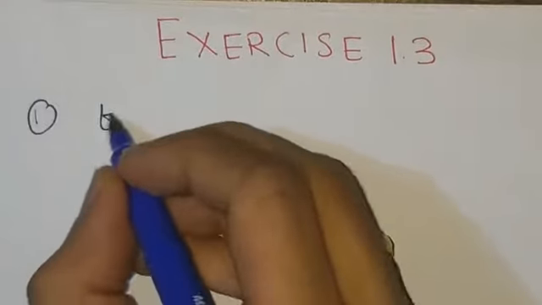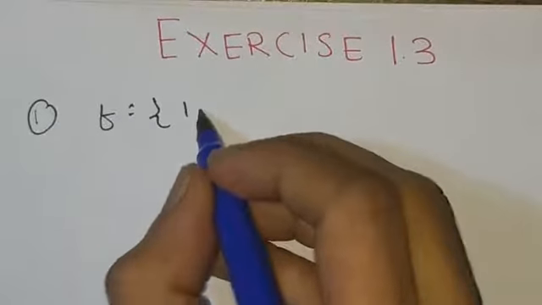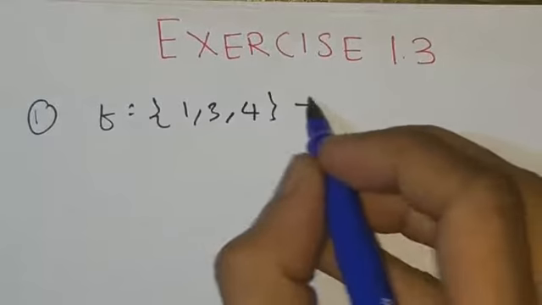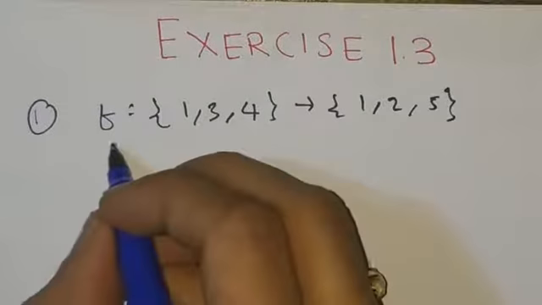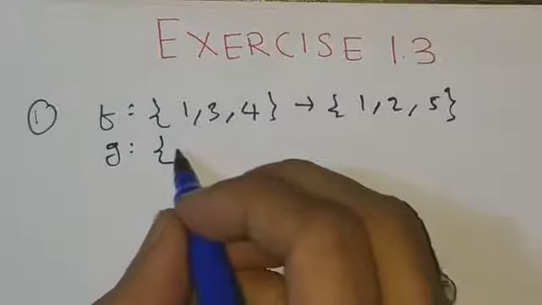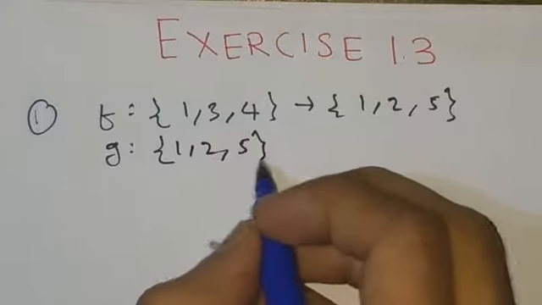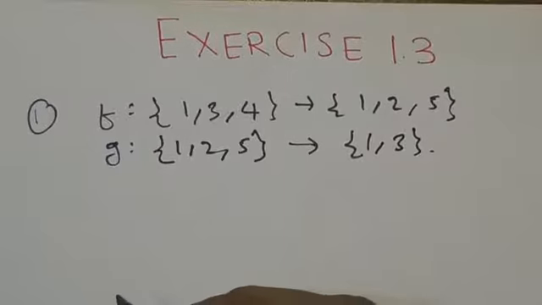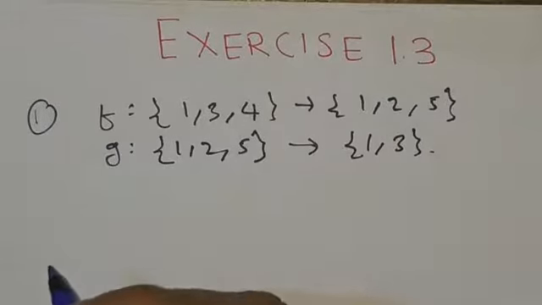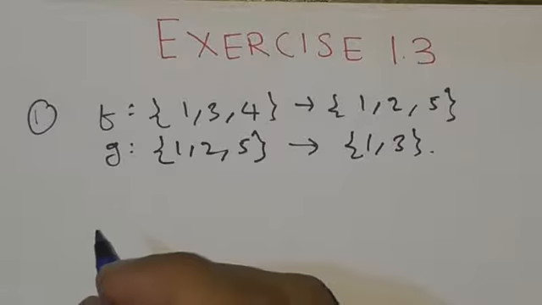Here f is given from the set {1, 3, 4} to {1, 2, 5} and the function g is given from {1, 2, 5} to {1, 3}. We have to write the function g composition f.